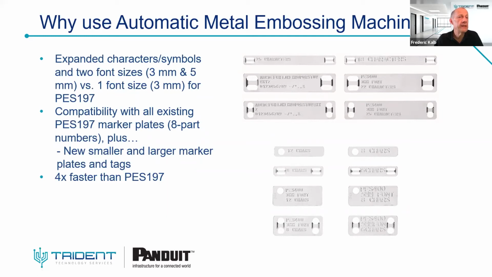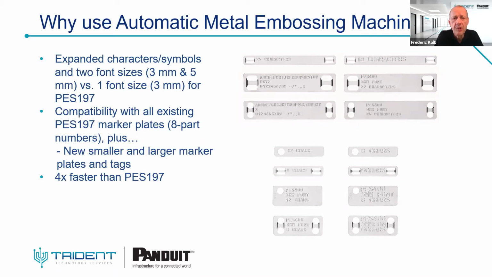And again, when it comes to efficiency, we are speaking also about speed of printing or embossing, printing for the plastic labels, embossing in this case. And you see that this PES 400 is 4 times faster than the PES 197.